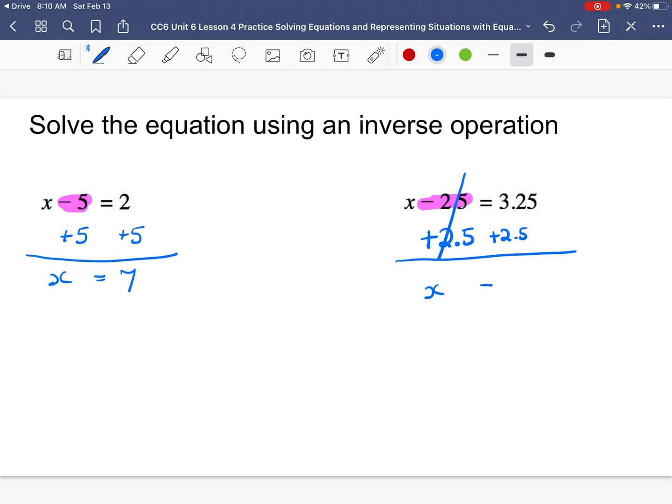So I'm left with x equals, and on the right hand side, 3.25 plus 2.5. I'm going to put a 0 here. So 5 plus 0 is 5, 2 plus 5 is 7, my decimal point, and 3 plus 2 is 5. So x equals 5.75. So the solution to that equation, the number that makes it true, is x equals 5.75.